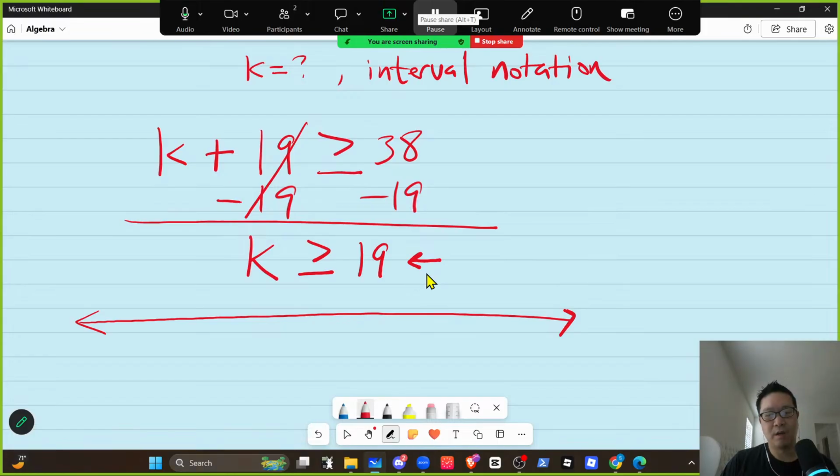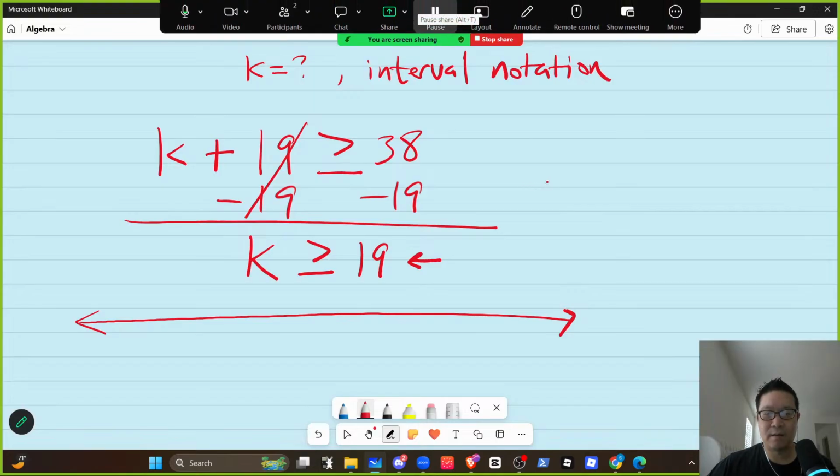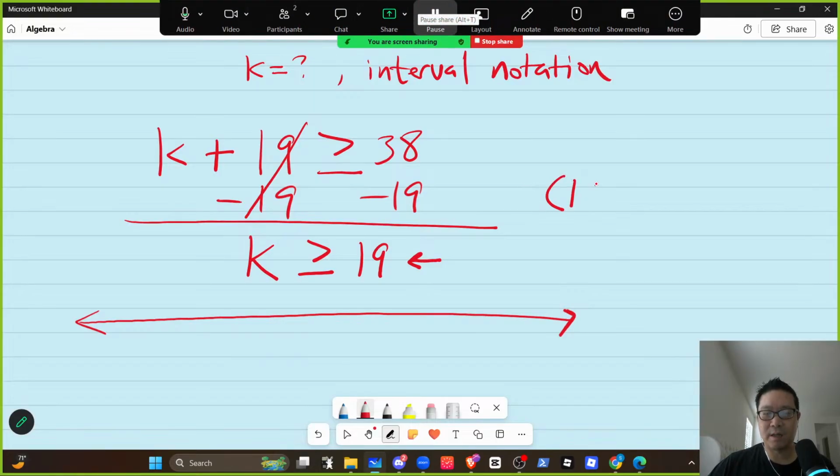So it's going to be all real numbers greater than 19, including 19. So it's going to start at 19, with a square bracket, and it's going to head off into positive infinity. It's all numbers greater than 19.